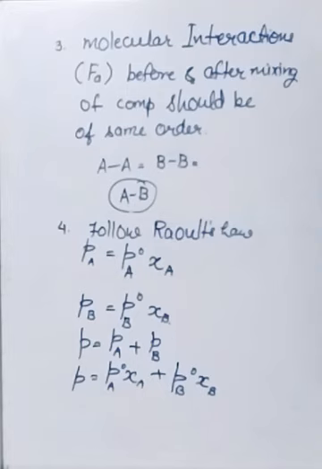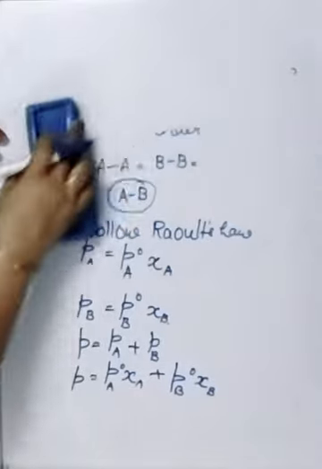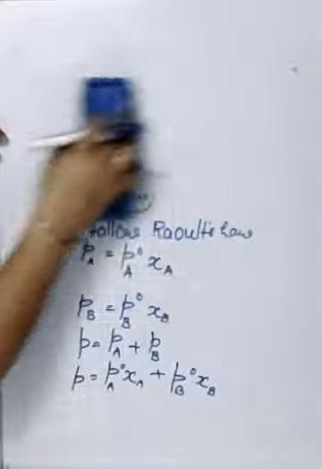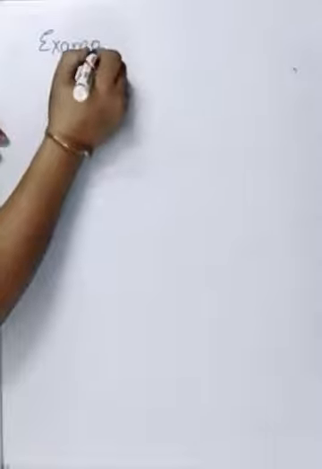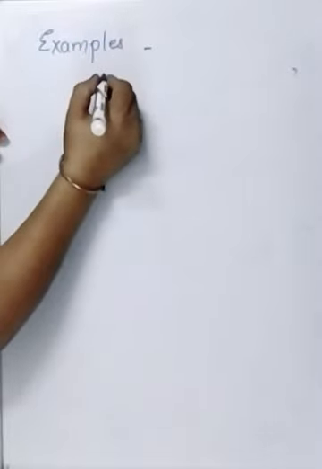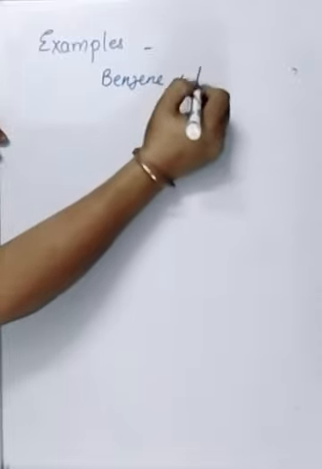Let us see a few examples of ideal solution. One example I spoke about 2-3 times is benzene and toluene. Examples of ideal solution: benzene mixed with toluene.